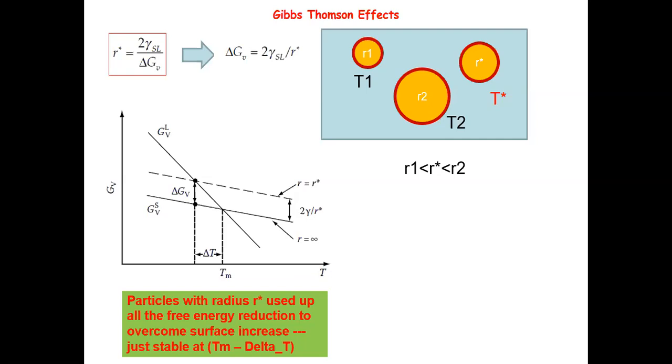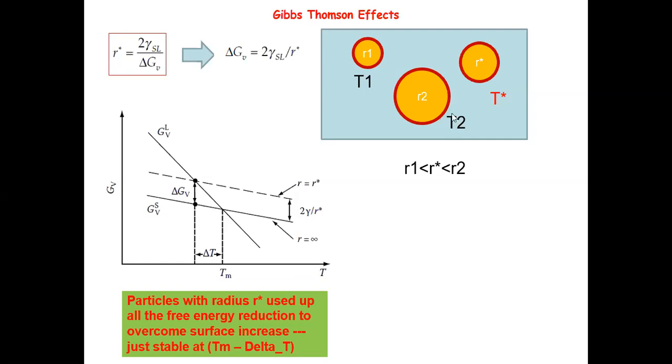Now, how can we reinterpret this observation using the so-called Gibbs-Thomason effect? What does the Gibbs-Thomason effect tell us? It tells us that for any nucleus of a particular radius, you can have a well-defined effective melting temperature associated with this radius. Does this make sense to everyone? And you can easily find that melting temperature: if you have R, you have delta GV, and if you have delta GV, you can go back to find the supercooling required to get that delta GV, and that is the way you find this effective melting temperature.